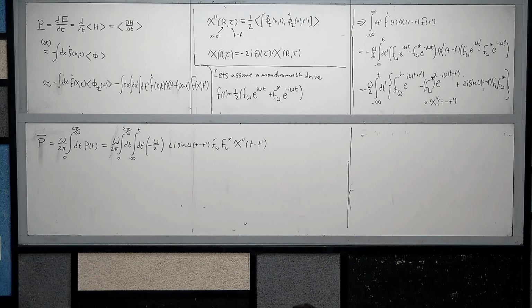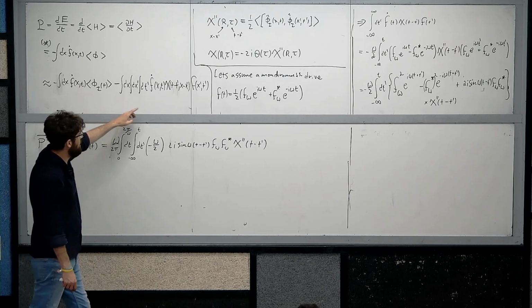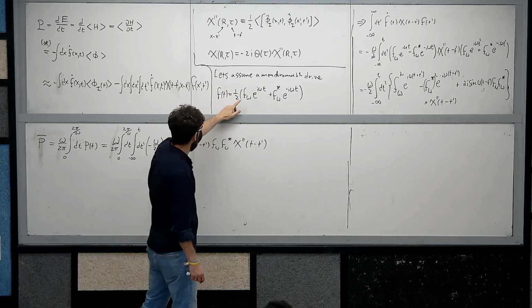How could I see this? Maybe integration by parts, and the boundary term is 0 from its periodicity. So let's say I plug in this relation here.